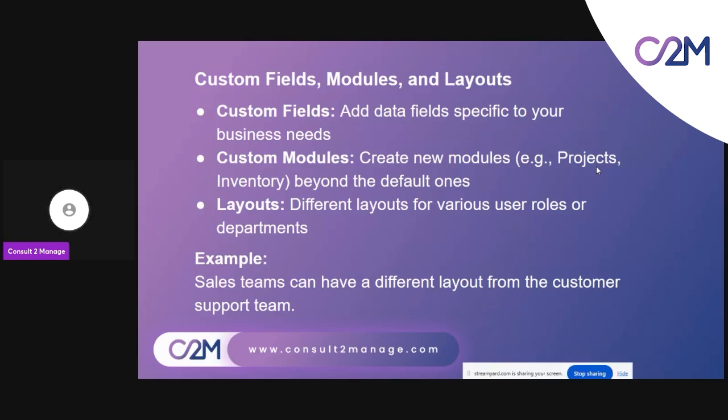In that case, you can create a custom module, or it could be any other use case. Layouts are different views. For B2C transactions you have one layout, and for B2B you can have a different layout, because the types of fields would vary. You can have one single layout and put in layout rules, but it's recommended that you create two layouts, and then you can easily control the overall process in the system.